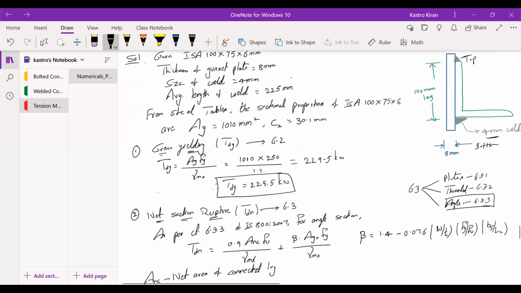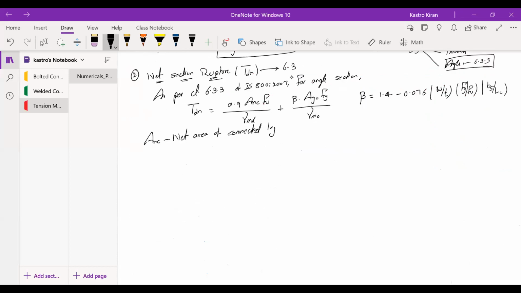Now, if you want to find the net area of the connected leg, we know the formula we discussed in the very beginning classes. That is, length of connected leg minus thickness of the angle section, divided by 2, times thickness. I'm just writing it for your understanding.